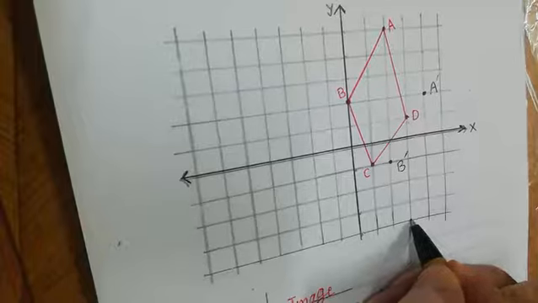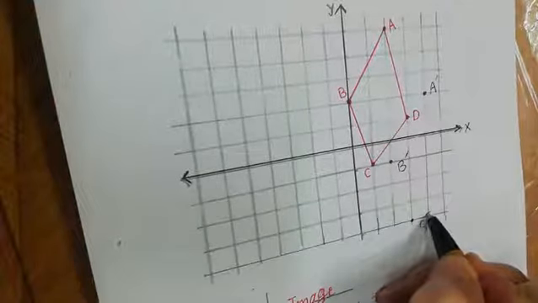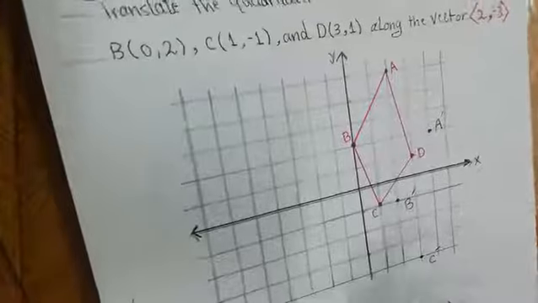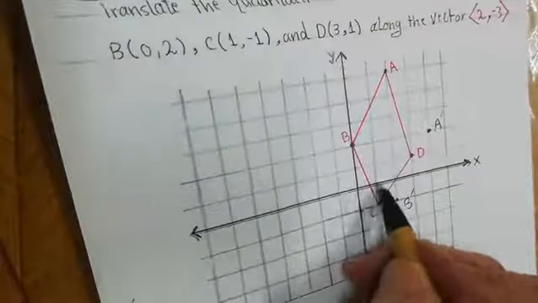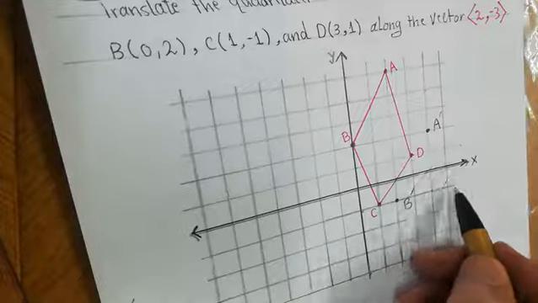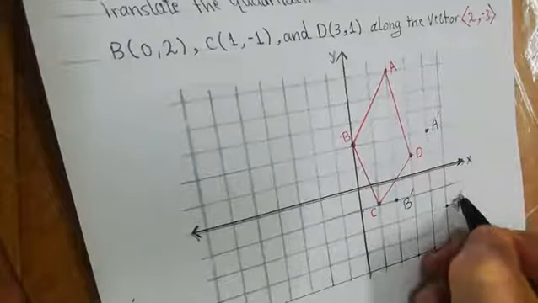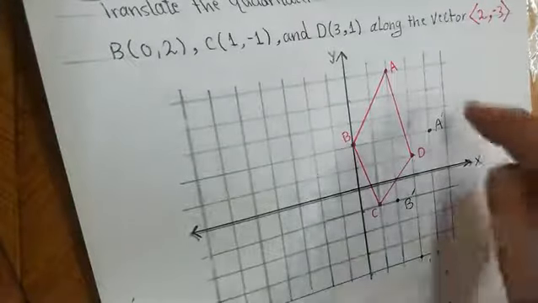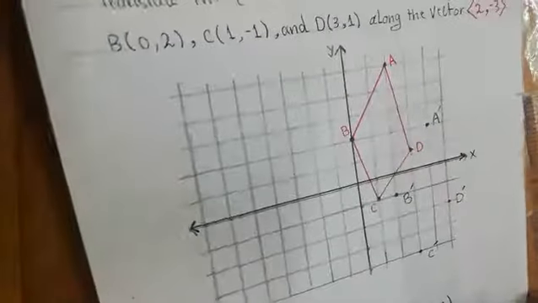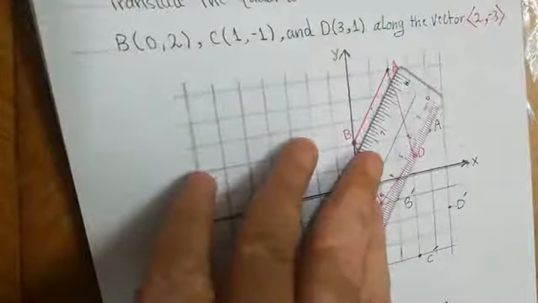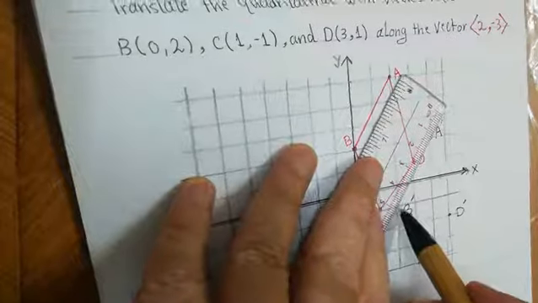So this is C dash. And D dash is (5, -2). So D dash will be 5, 1, 2, 3, 4, 5, and negative 2, 1, 2. This is D dash. Now I will connect these 4 points to get my image after the given translation.